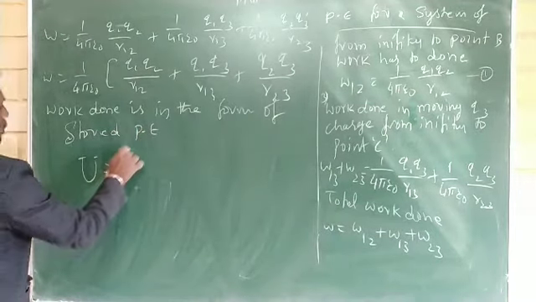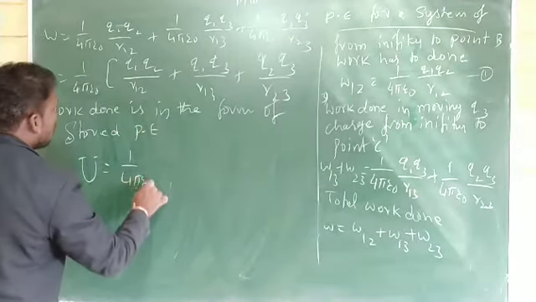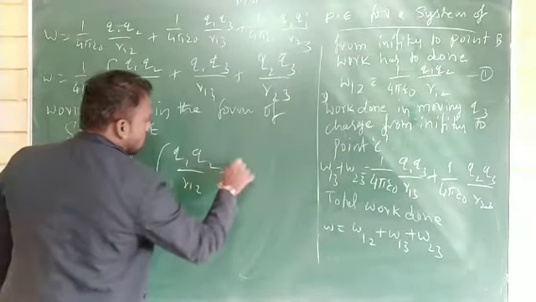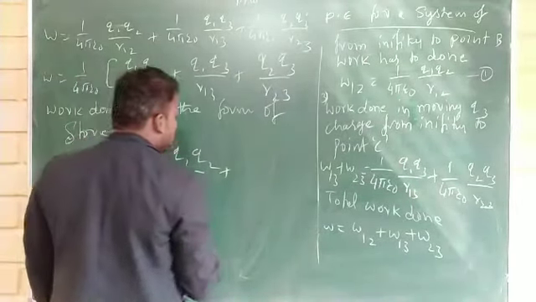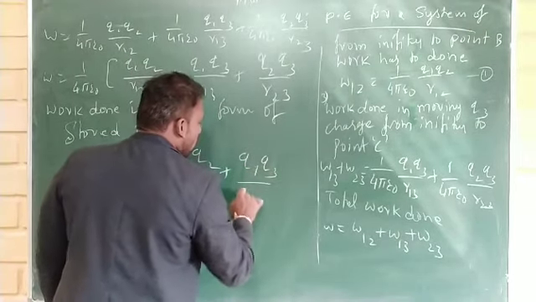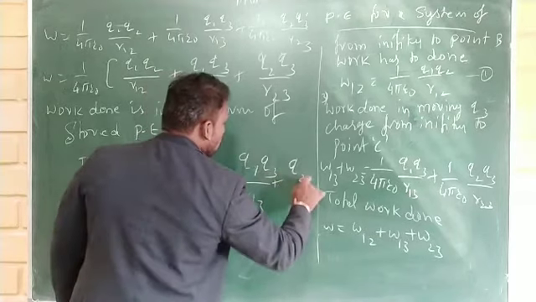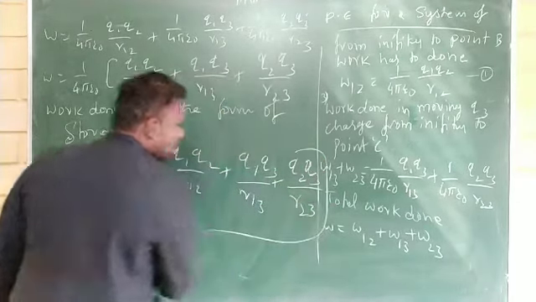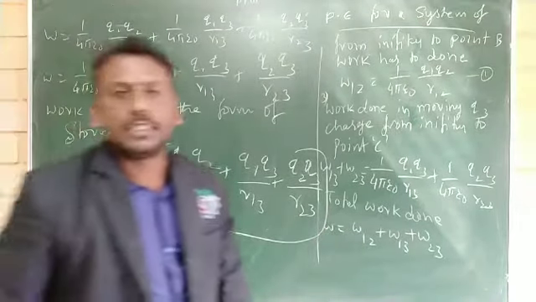Therefore, U is equal to 1 divided by 4 pi epsilon naught into Q1 Q2 divided by R12 plus Q1 Q3 divided by R13 plus Q2 Q3 divided by R23. This is the expression for 3 point charges.